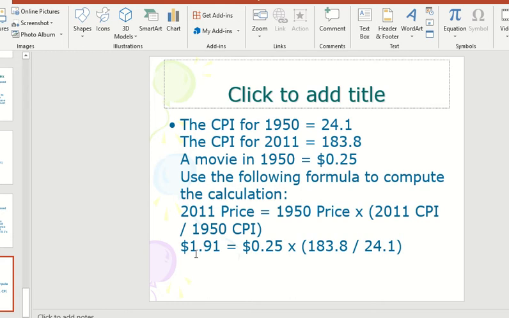So we get $1.91. What that means is the movie ticket should have cost $1.91 if inflation is the only factor that has caused the movie ticket price to go up. So when you look back at 2011, today we are in 2019.